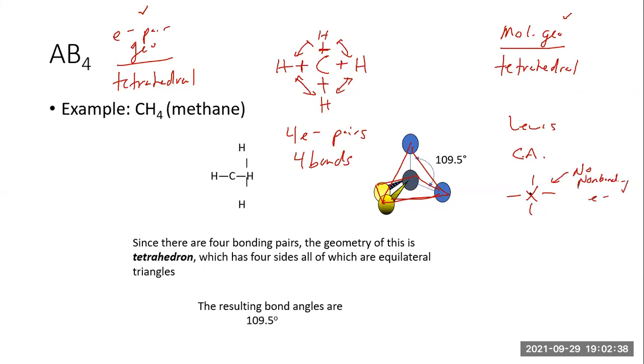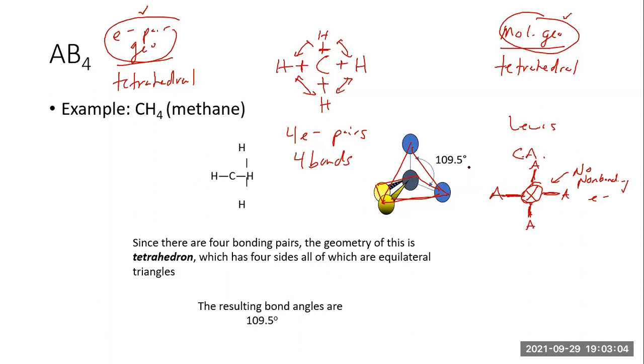Whenever there are no non-bonding electrons on the center atom, the electron pair geometry name and the molecular geometry name will always be the same. That's because you're only dealing with one type of electrons here, which are bonding electrons. As the bonding electrons move, the actual elements on the other side move with them.